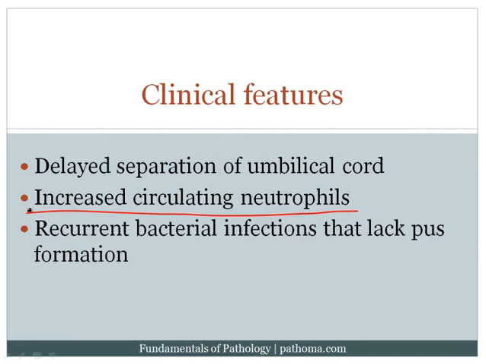And then the third finding present in these patients is that they get recurrent bacterial infections. But what's important is that they lack pus. They get infections, but they don't form pus. Let's go back and remind ourselves, what is pus? Pus is dead neutrophils sitting in fluid. That's basically what pus is.